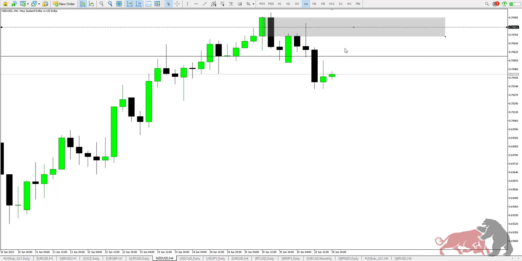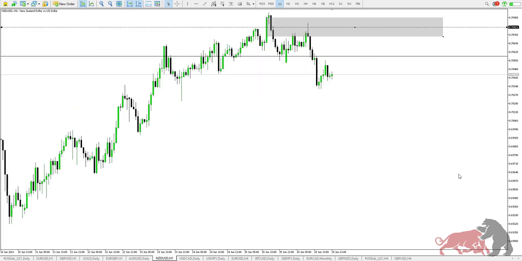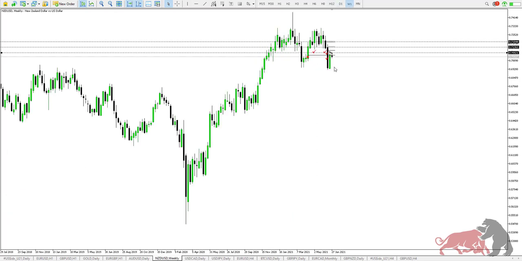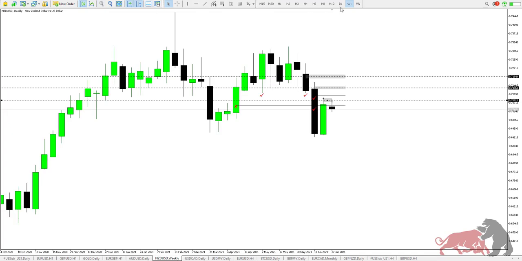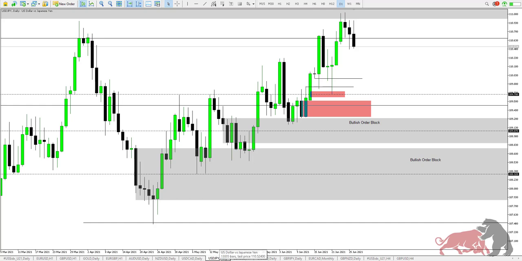So expect price to find resistance inside that range, or from current price it's just going to continue going to the downside. I'm expecting NZD USD to close strong bearish at the end of the week. So yeah, I think that's pretty much about it.